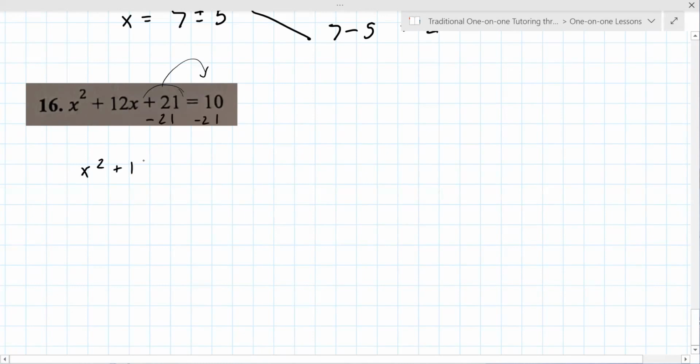X squared plus 12x equals -11. And from here, you can probably already guess what I'm going to ask you, which is what is the value of b?